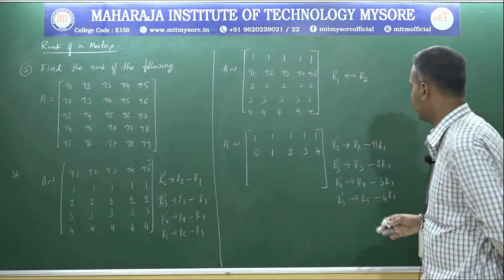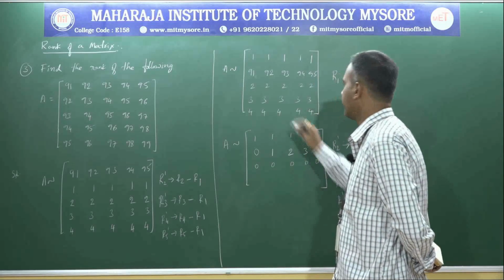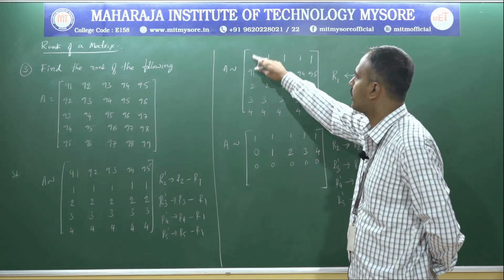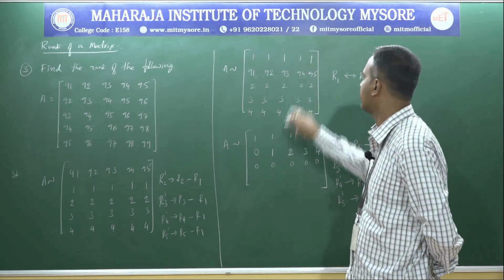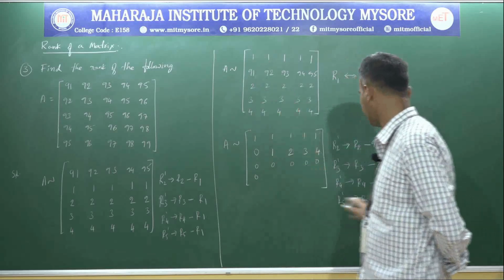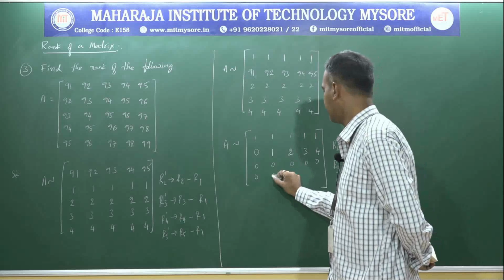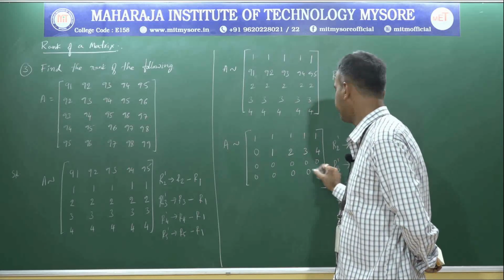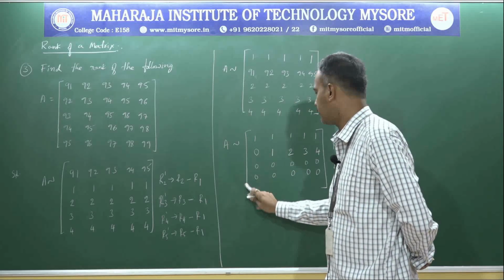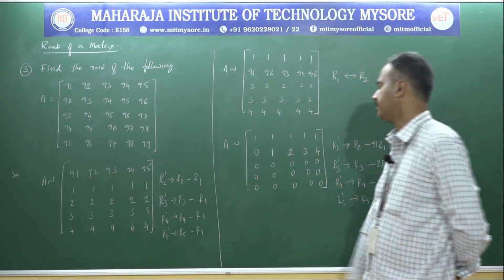Now for the next elements, 2 minus 2 into 1 gives 0, and similarly the other elements. Next 3 minus 3 into 1, because here 3 into R1, that's why we can consider all the elements in 0 form. The last row also we can denote in 0 form.